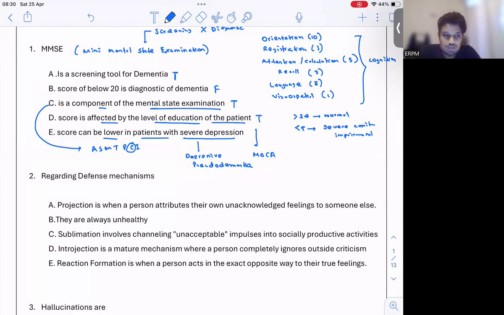There's no neuronal injury like dementia, but the patient typically has poor effort. He gives "I don't know" type answers. He doesn't like to recall his memory. It's a part of this depressive spectrum. In dementia, you also get a low mark in MMSE because cognition is impaired. That is also true.